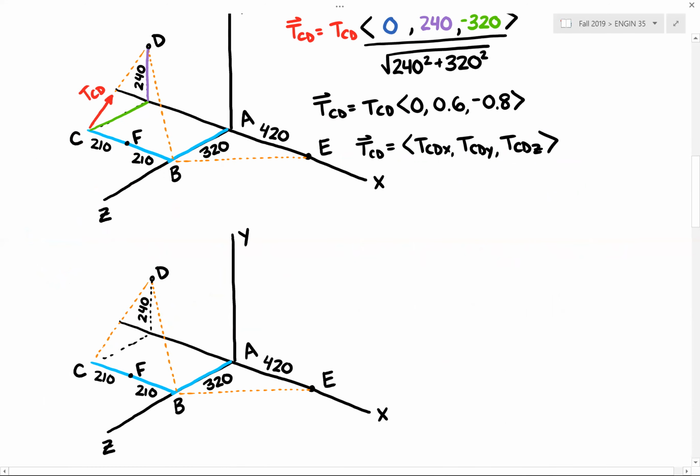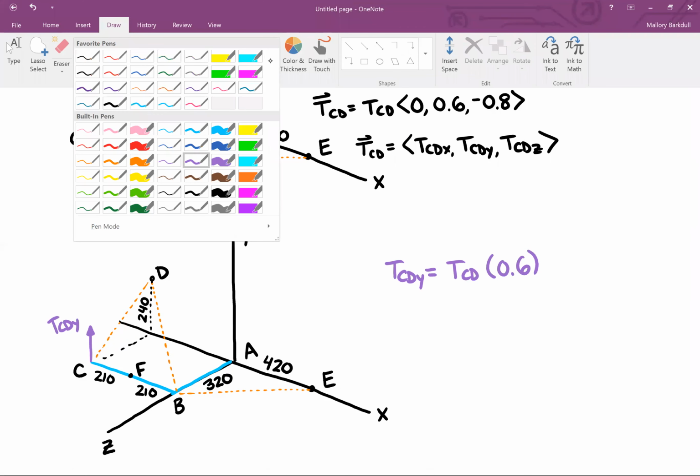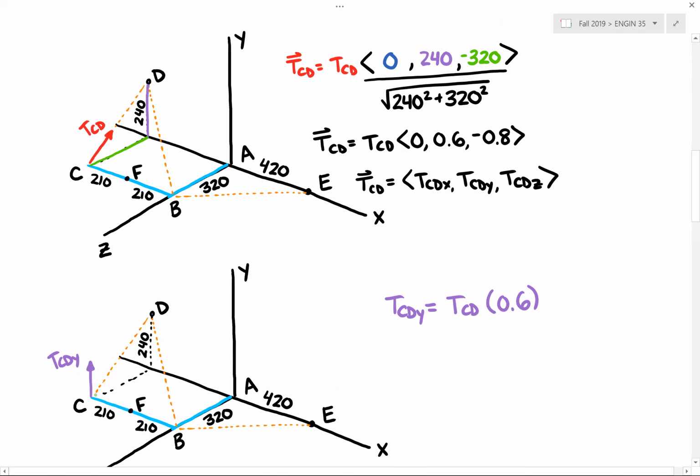So this means the vector TCD can be broken up into a y component, TCDY, where TCDY is TCD times 0.6. And we have TCDZ, where TCDZ is TCD times negative 0.8.